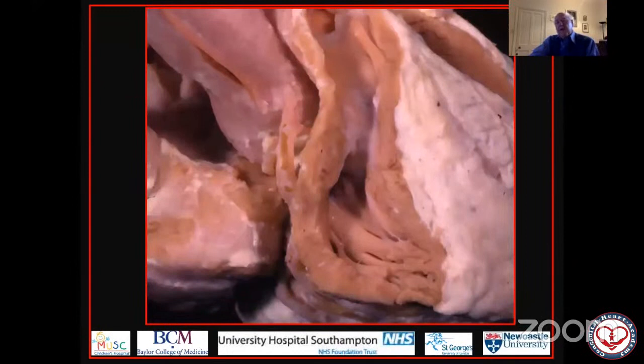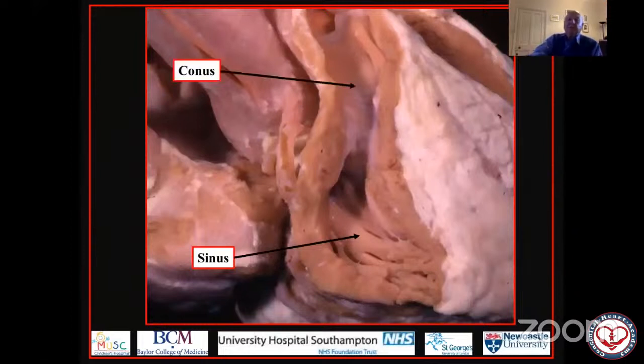Because I would look at hearts like this, many of you will immediately recognize that this is the incomplete right ventricle from a heart with classical tricuspid atresia. And at the time, and this was the early part of the 1970s, people would be calling that part sinus, and they would be calling that part the conus. And they would be very happy that this was a morphologically right ventricle.